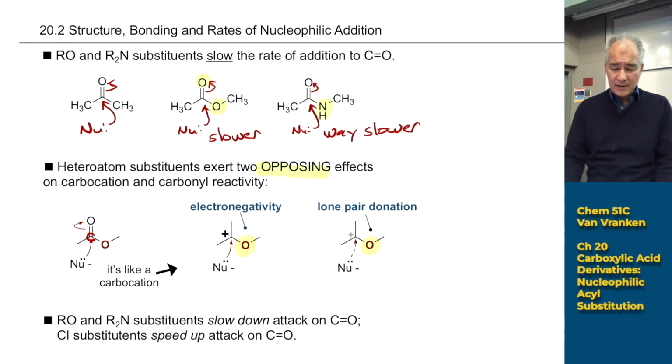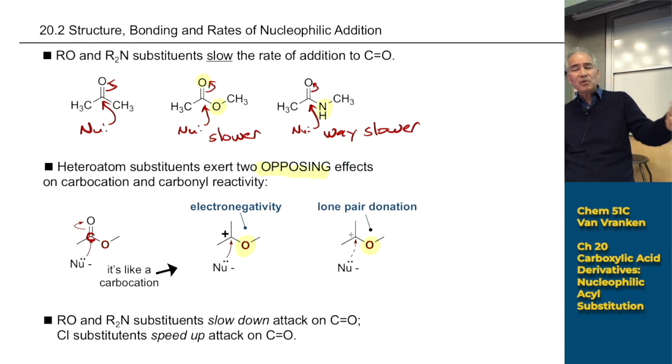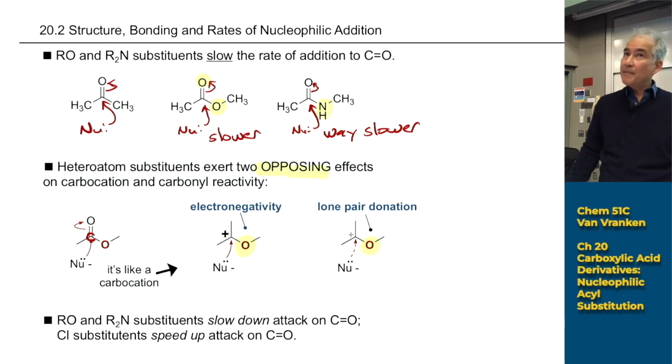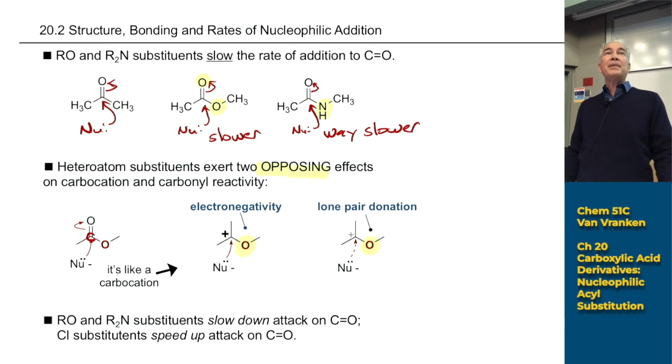One effect is an electronegativity effect. In terms of electronegativity, the oxygen atom has lots of protons in the nucleus, and that makes that carbocation unhappy. If I've got a neighbor that has lots of positively charged protons in the nucleus, that's electronegativity, then I'm going to be pretty unhappy as a carbocation. And so that's going to increase the reactivity.